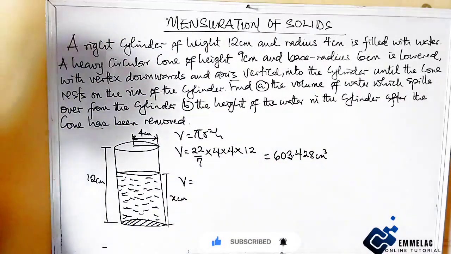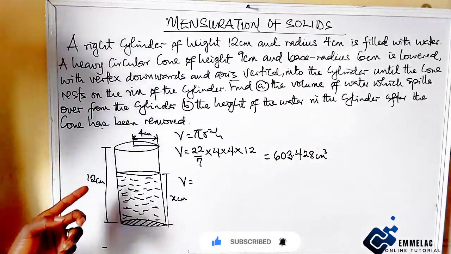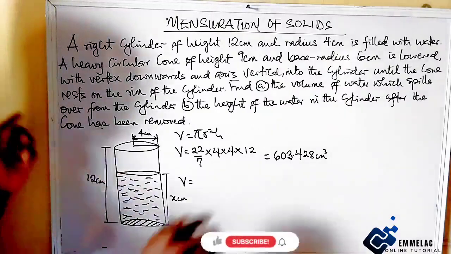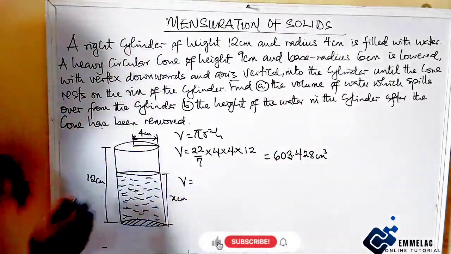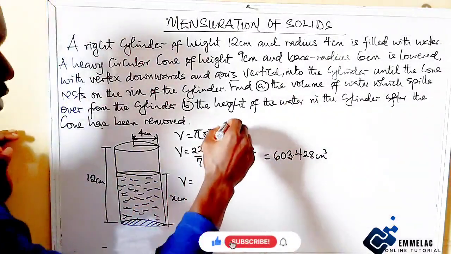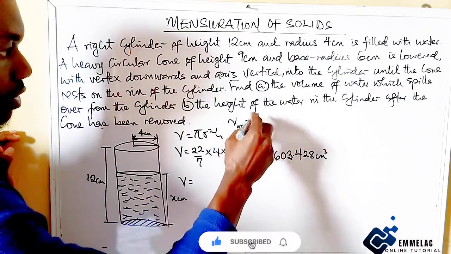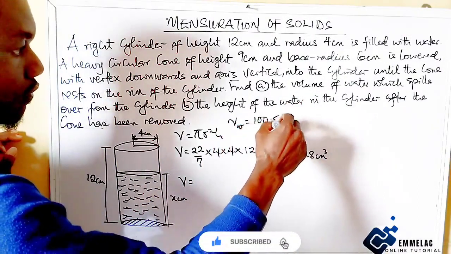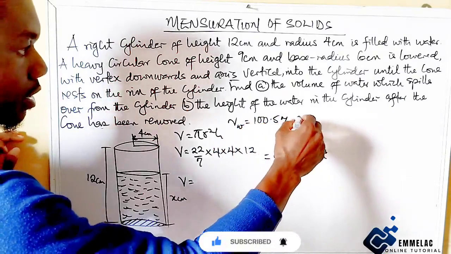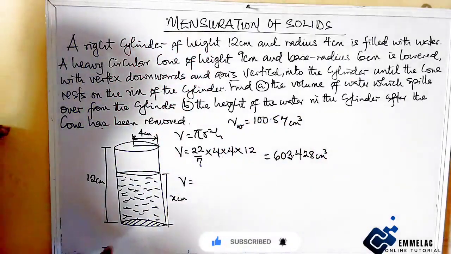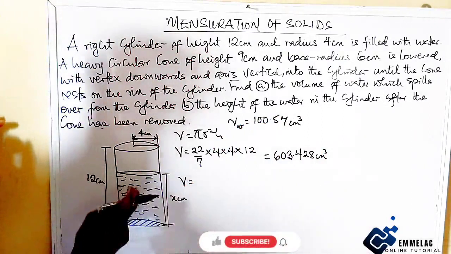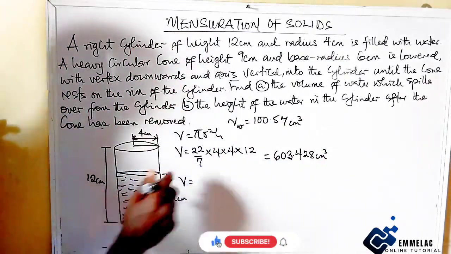All right, now since we've gotten the volume, we recall that the volume of water that spilled over is 100.57 centimeter cube.